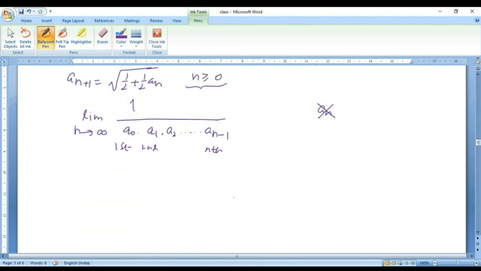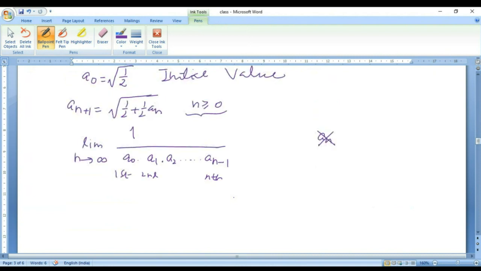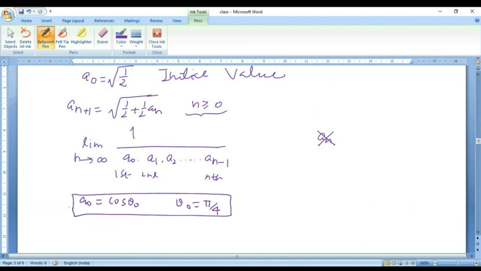Inspired by the last example and looking at the form, we go for a trigonometric substitution. So we write a naught is cos of theta naught, and this theta naught I can take to be pi over 4, because cos pi over 4 is 1 over root 2. So a naught is defined like this, and the recurrence a n plus 1 will do the job now. So I can write a n plus 1 is the square root of half plus half a n. So put n equal to 0.